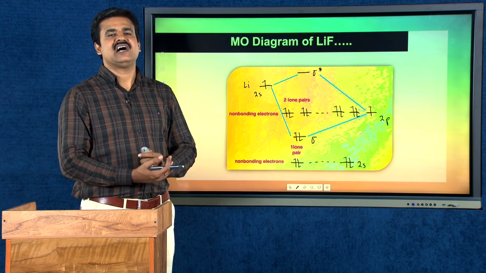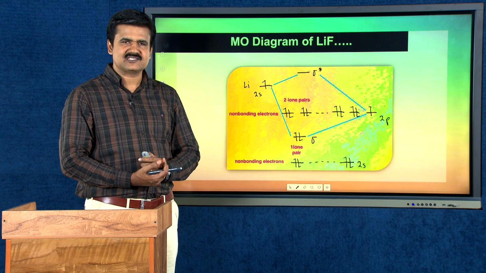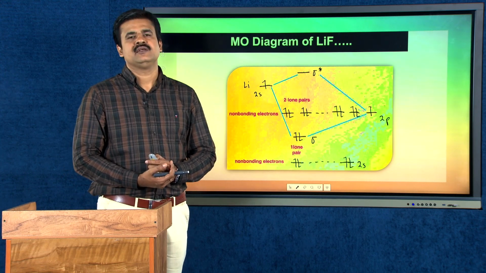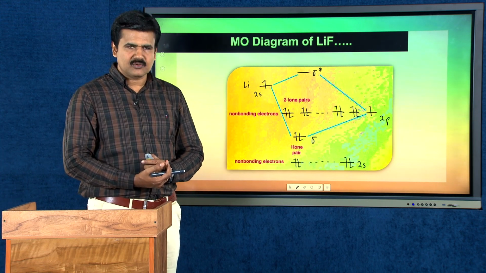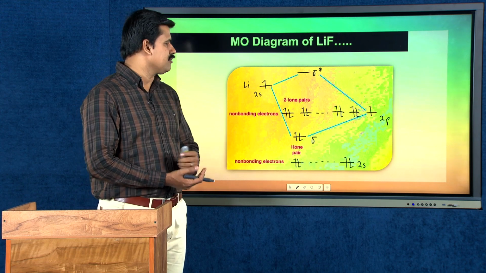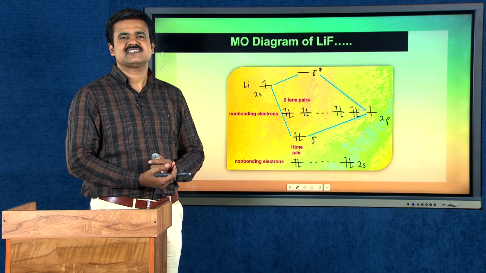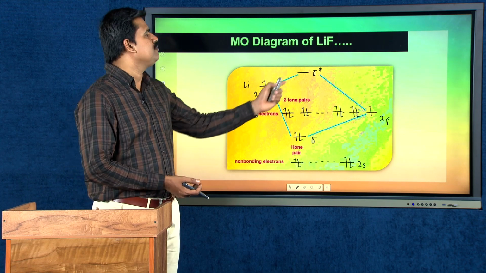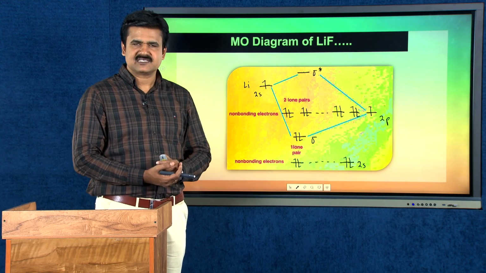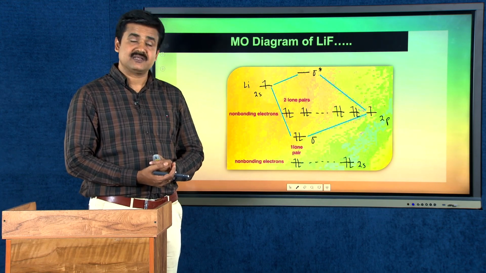The overlapping happens between the 2s orbital of lithium and the 2pz orbital of fluorine, and the bonding molecular orbital is marked as sigma. It can also be represented as sigma sp, and the antibonding molecular orbital is notated as sigma star. You can also represent it as sigma star sp.